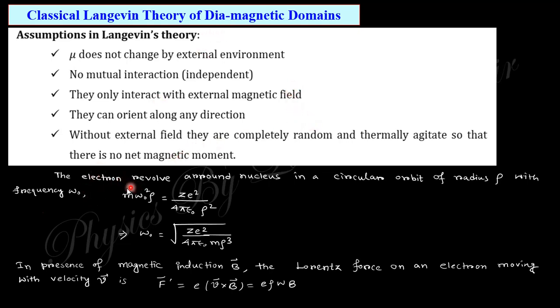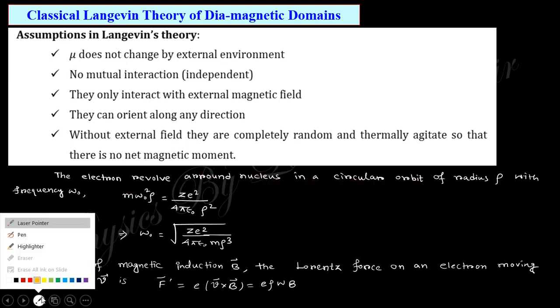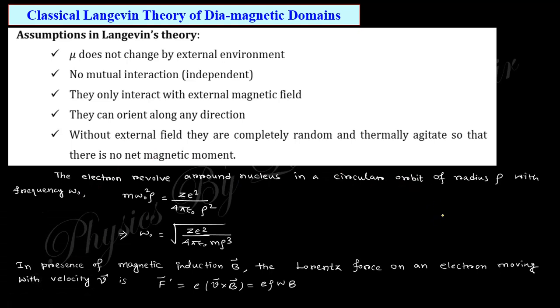Now take the electron revolving around the nucleus in a circular orbit. This is the nucleus, with protons and neutrons, and this electron moves in a circular path.